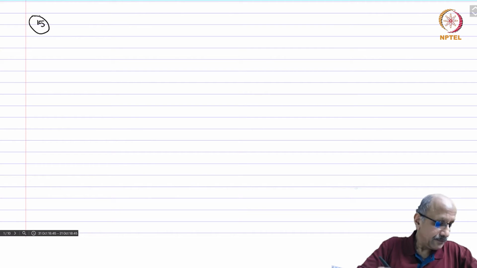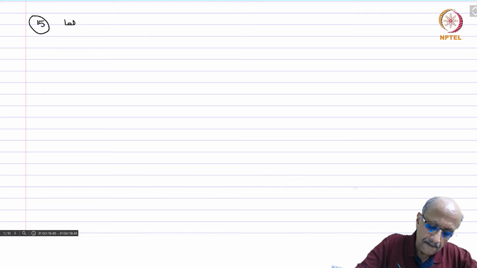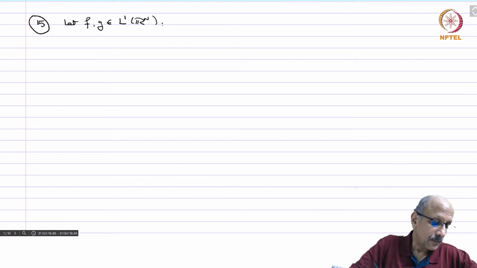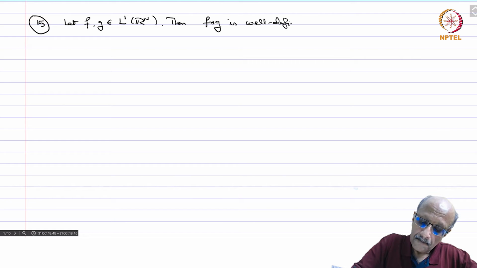15. Let f, g belong to L1 of R^n. Then f star g is well defined and norm of f star g in L1 is less than or equal to norm f1 norm g1.